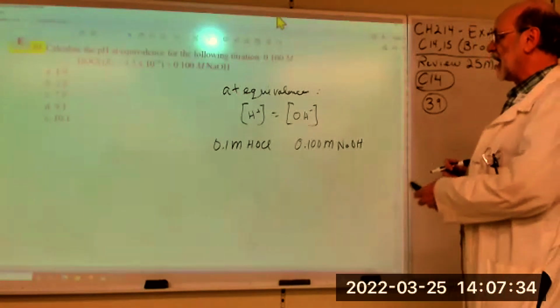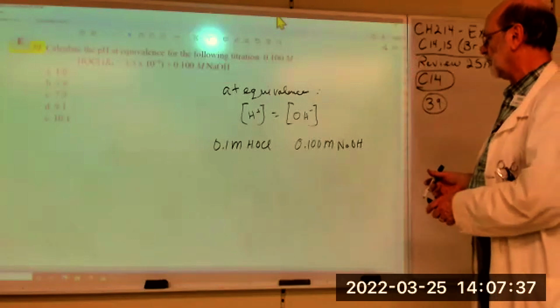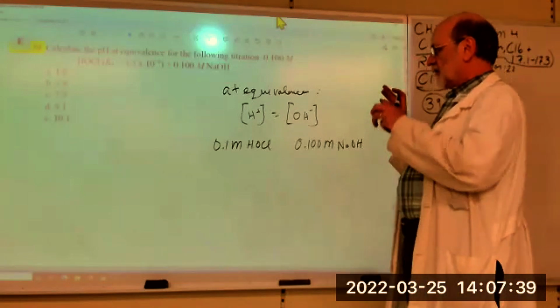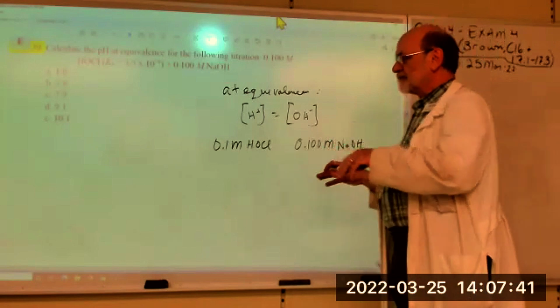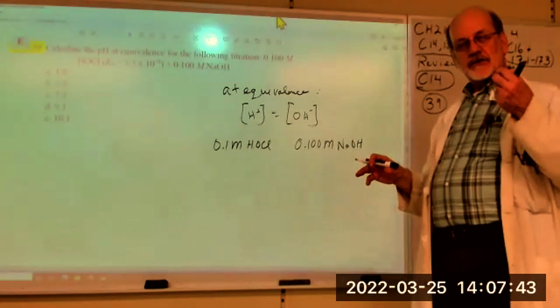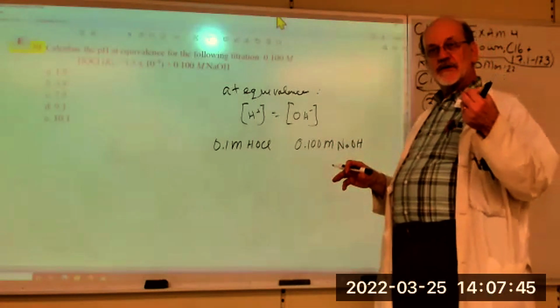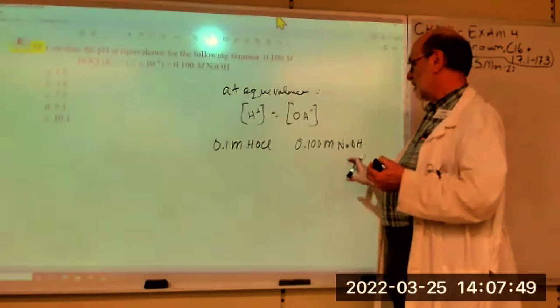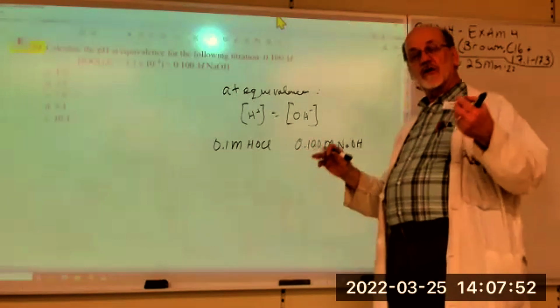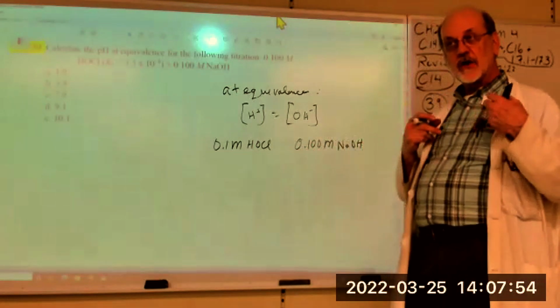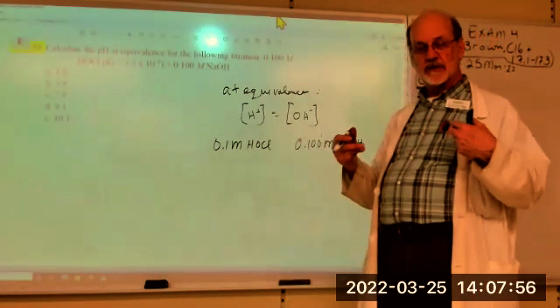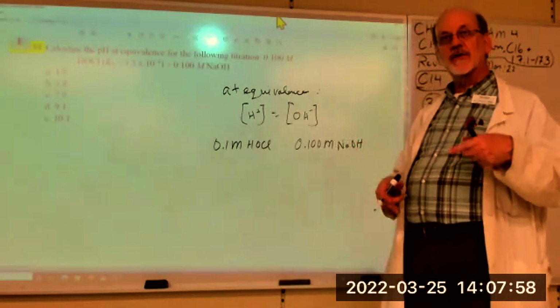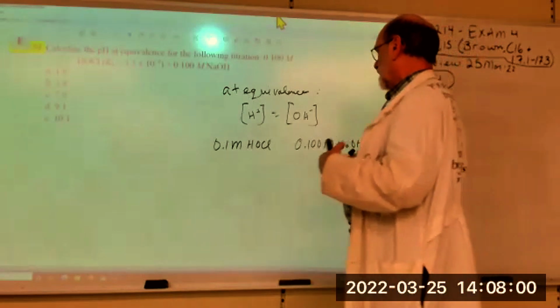So that's nice of whoever wrote this question. For this problem, you have 2 steps. One is the stoichiometry. You're going to neutralize these acids, and then you're going to go to an equilibrium problem. Stoichiometry first, then equilibrium.